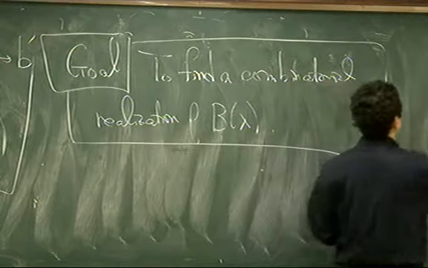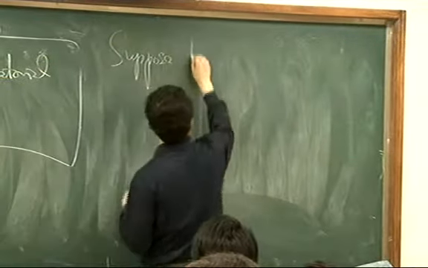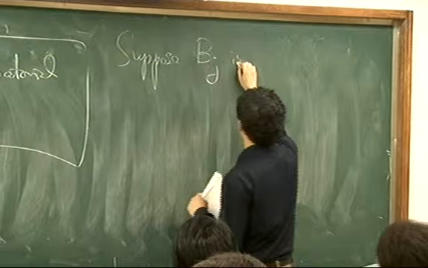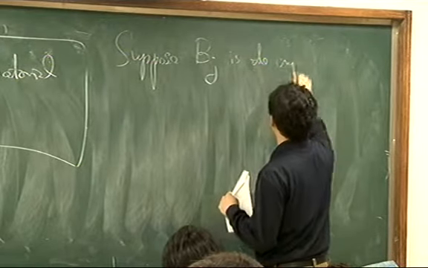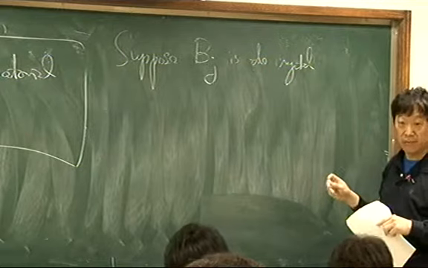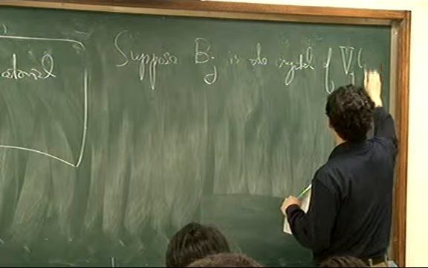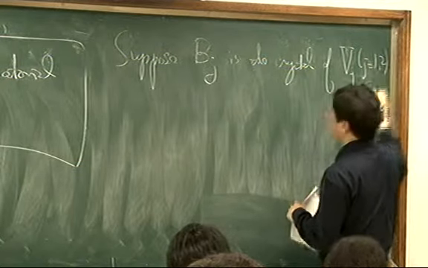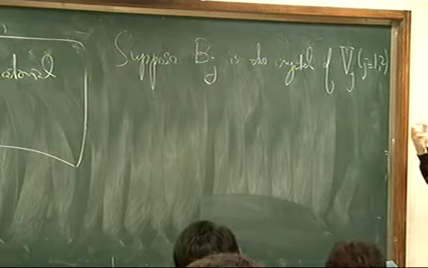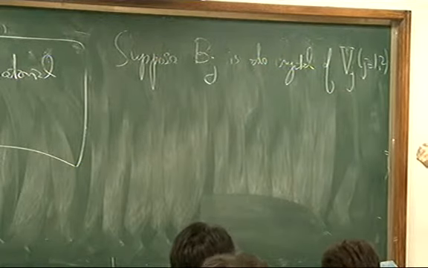Suppose B_j is the crystal of V_j. I will omit the word graph. Here j is 1 and 2. So consider two U_q(g) modules and their crystal graphs.